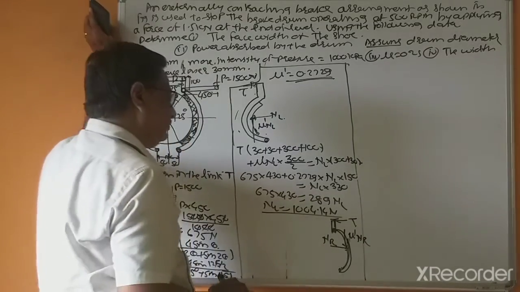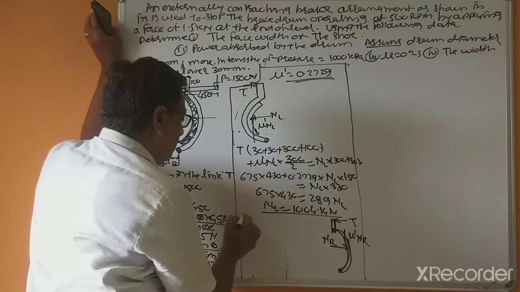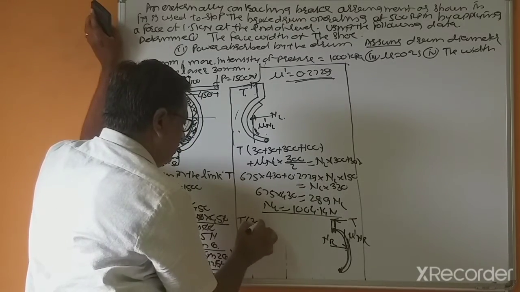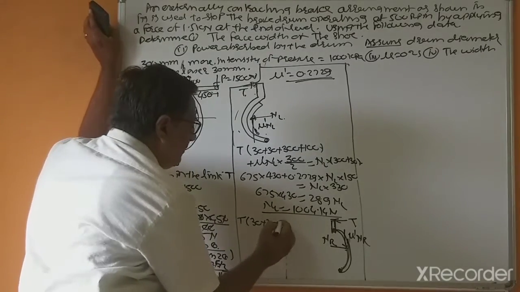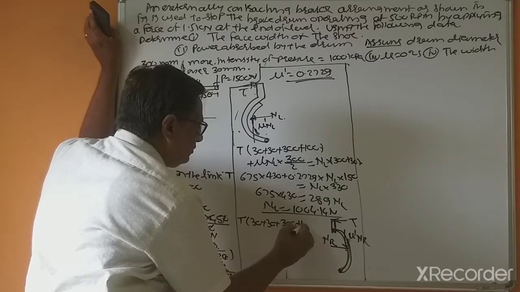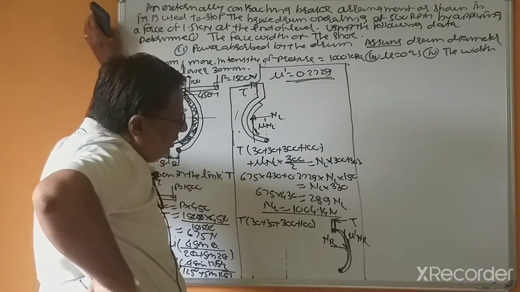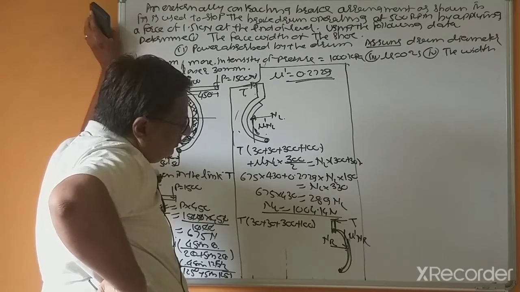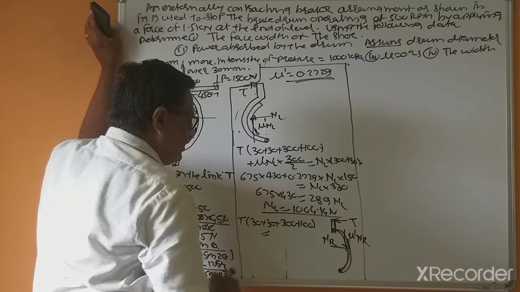NR. Now similarly, again T into 30 plus 30 plus 300 plus 100. So this is anti-clockwise, and these both are clockwise.